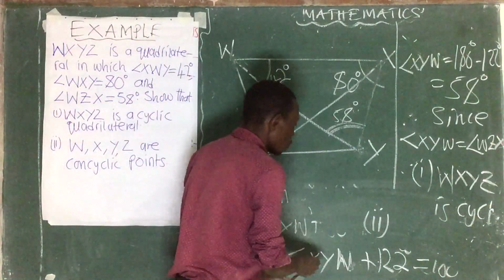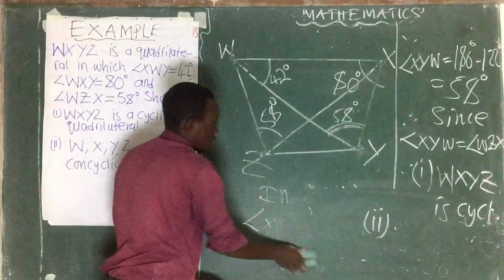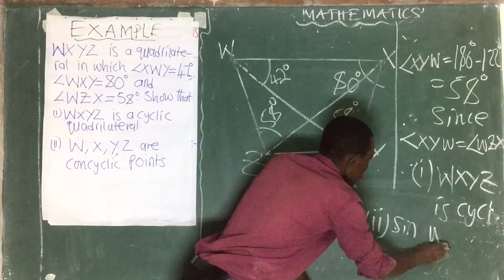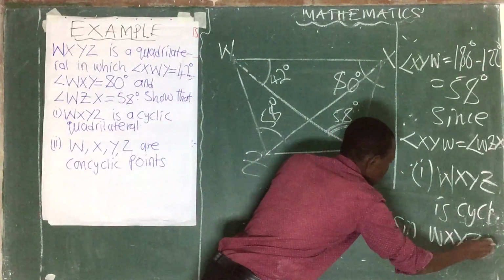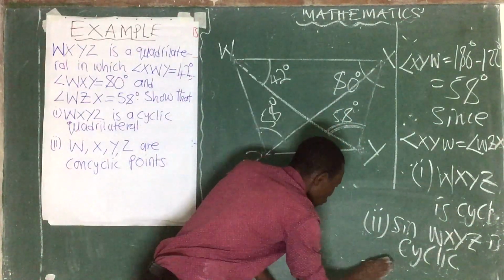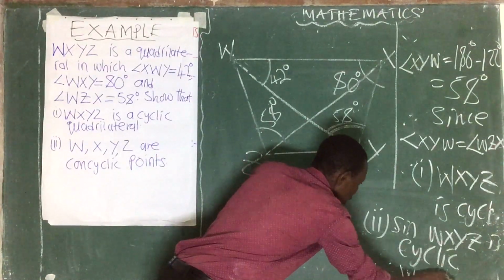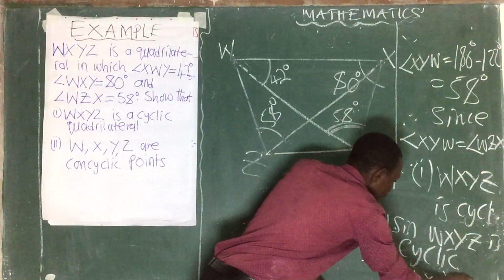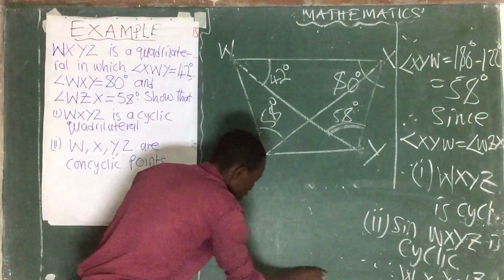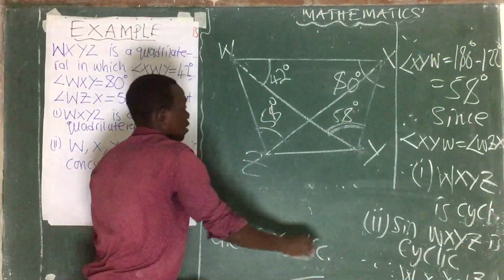So you can also write an opening statement: since WXYZ is cyclic, then you conclude, therefore, W, X, Y, and Z as points are concyclic.